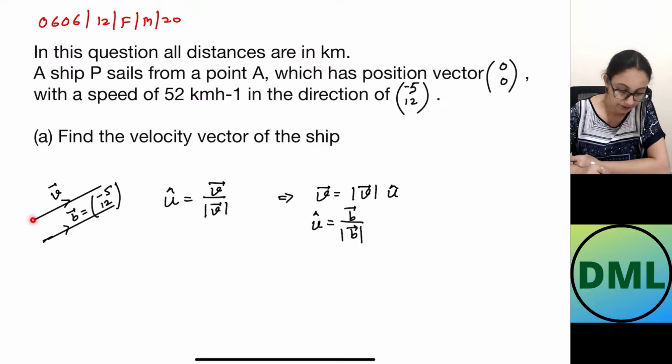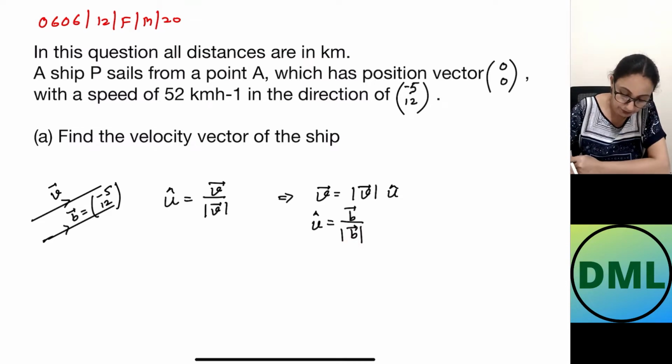Now we have the speed, we have to figure out the velocity. This will be in the same direction as the vector b, (-5, 12). So we will apply the same rule here. The unit vector will be given by the vector over its magnitude. So the vector will be the magnitude of vector v times the unit vector. The unit vector will be the same as the unit vector of vector b, which is vector b over magnitude of vector b.